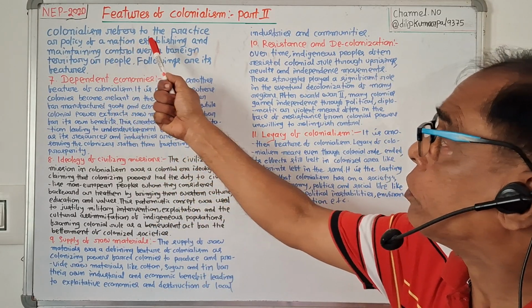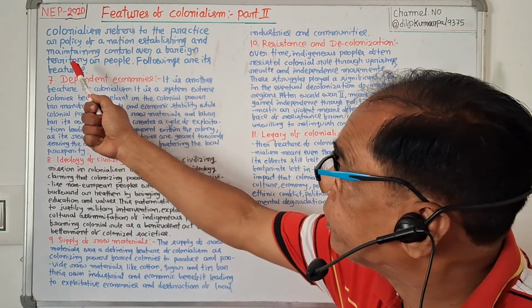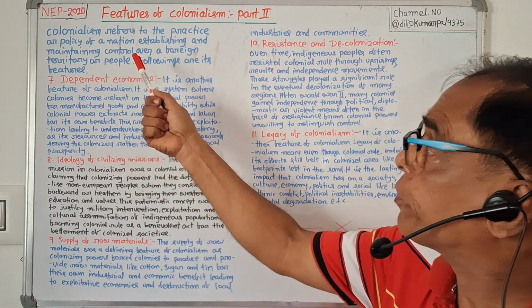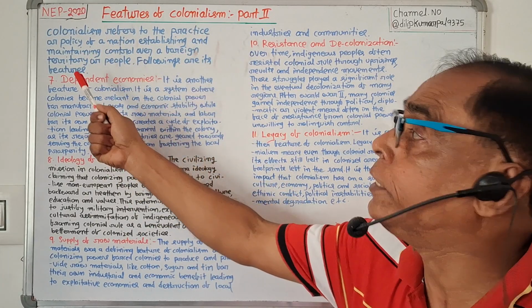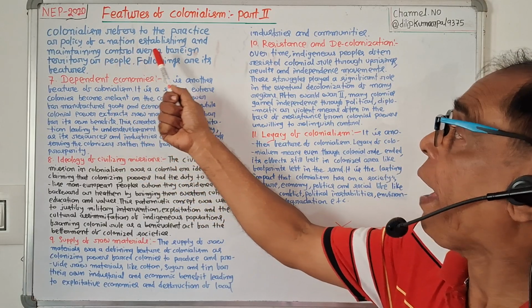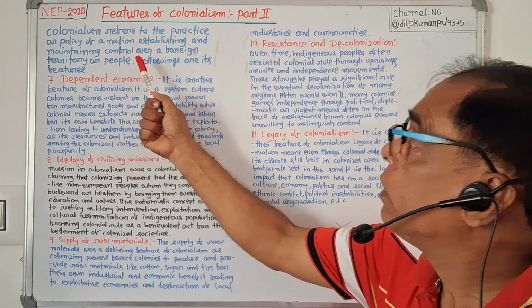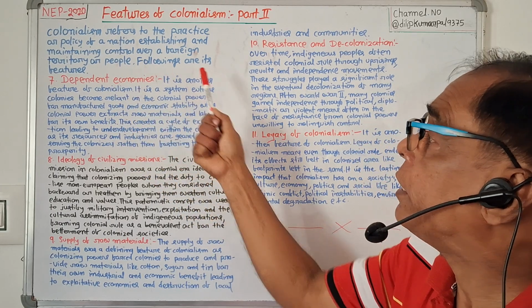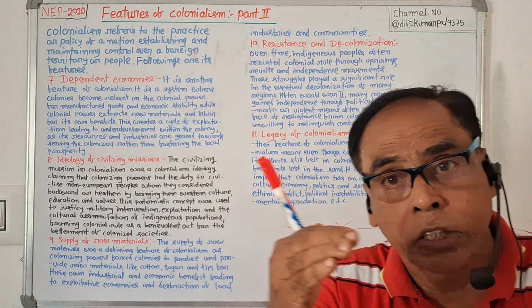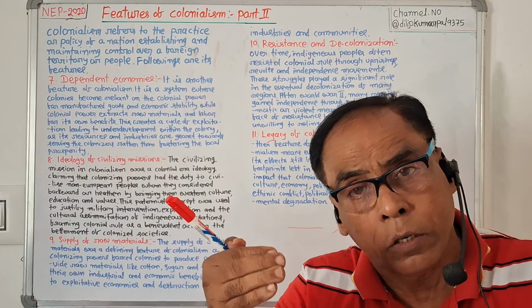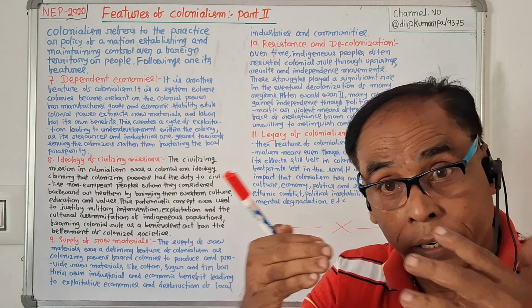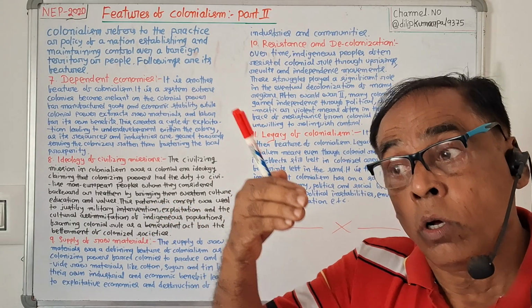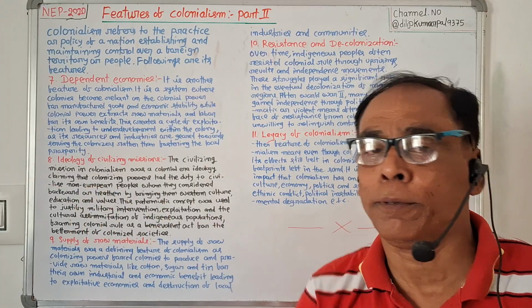Colonialism refers to the practice or policy of a nation establishing and maintaining control over a foreign territory or people. Following are its features. Colonialism means the policy or practice of a nation to control foreign land and its people.